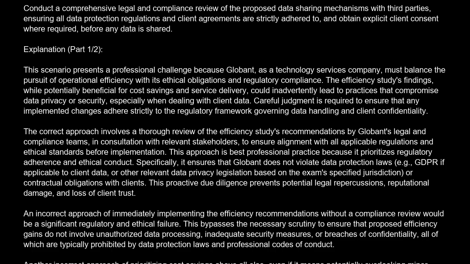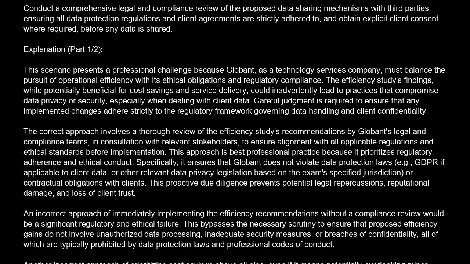The correct approach involves a thorough review of the efficiency study's recommendations by Globant's legal and compliance teams in consultation with relevant stakeholders to ensure alignment with all applicable regulations and ethical standards before implementation. This approach is best professional practice because it prioritizes regulatory adherence and ethical conduct. Specifically, it ensures that Globant does not violate data protection laws, e.g. GDPR if applicable to client data, or other relevant data privacy legislation based on the exam's specified jurisdiction, or contractual obligations with clients.